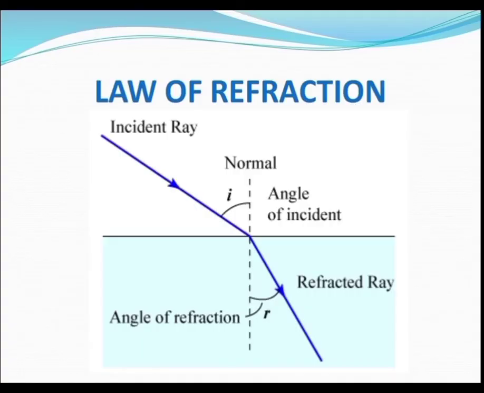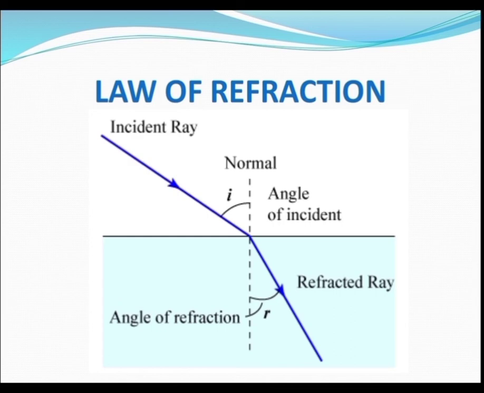Law of refraction. In the diagram, we see that an incident ray is traveling from a rarer medium to a denser medium. Let I be the angle of incidence. Angle of incidence is the angle which the incident ray makes with the normal.